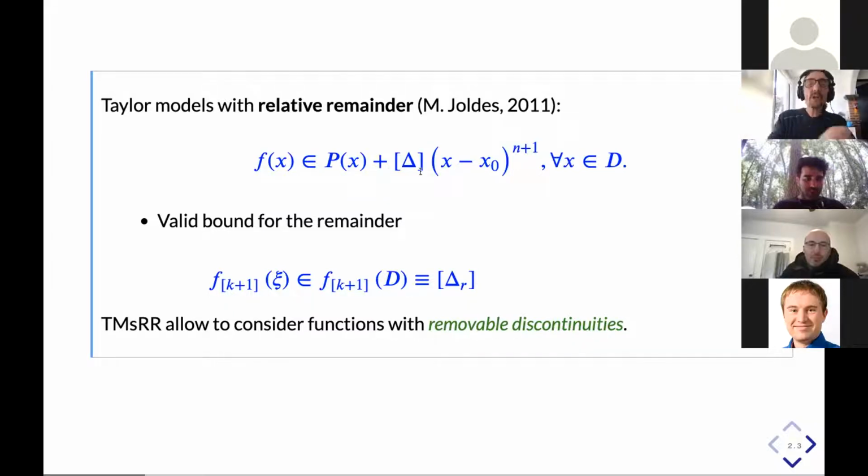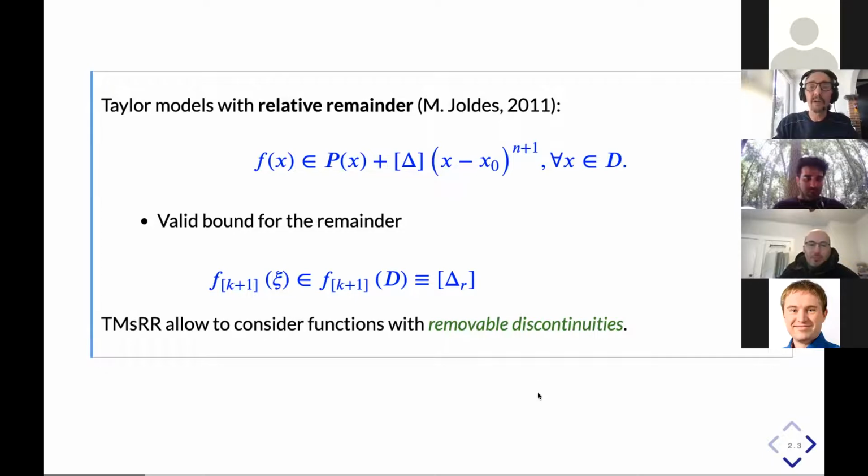I will not go into lots of details, but I think it is a beautiful idea, and I think it should be exploited further. We have an implementation. Not everything is implemented with these Taylor models with relative remainder. The whole point is that they actually allow you to consider functions with removable discontinuities.